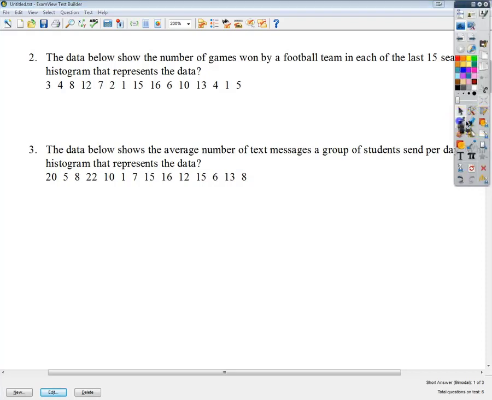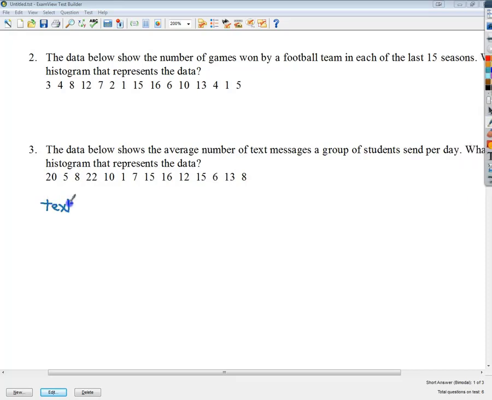So I have texts per day, and then my frequency. Here I have it going up to 22, and my lowest is 1, so somebody's only doing 1. So I might do groups of 5.